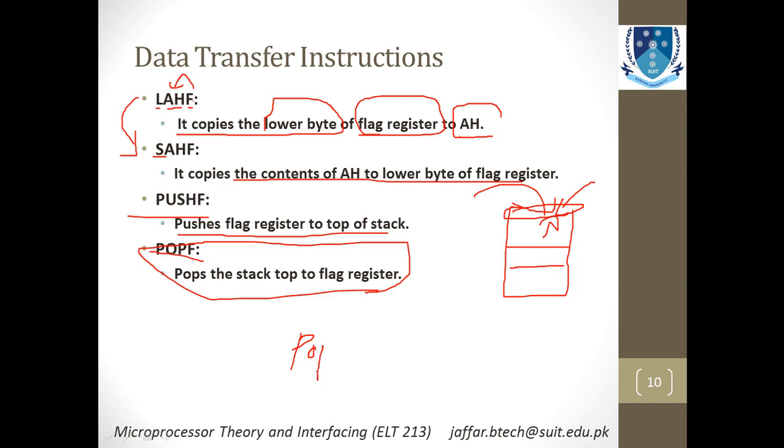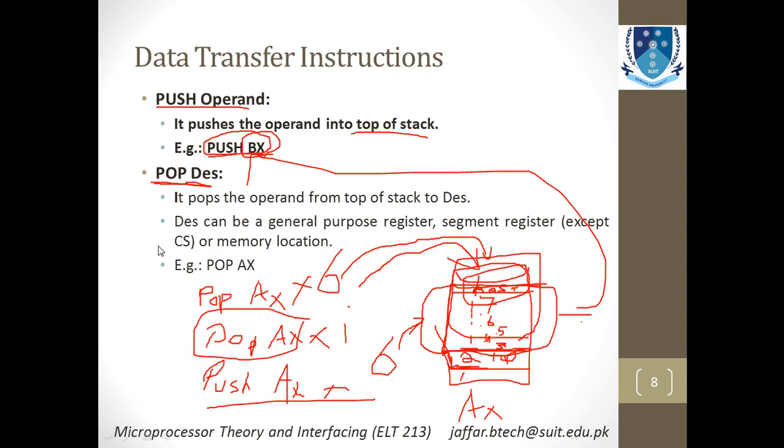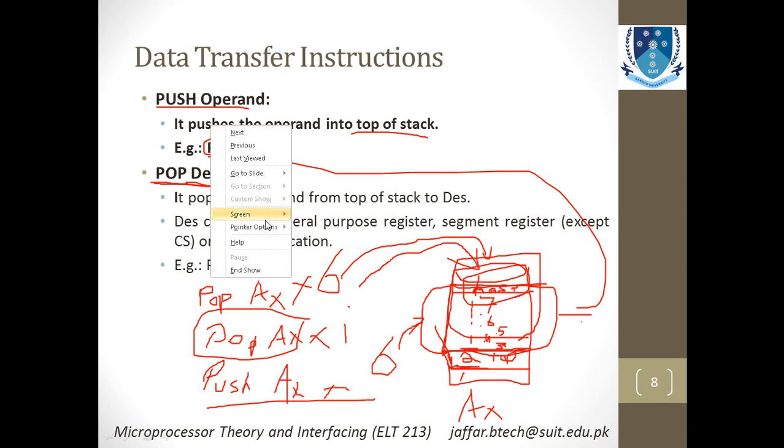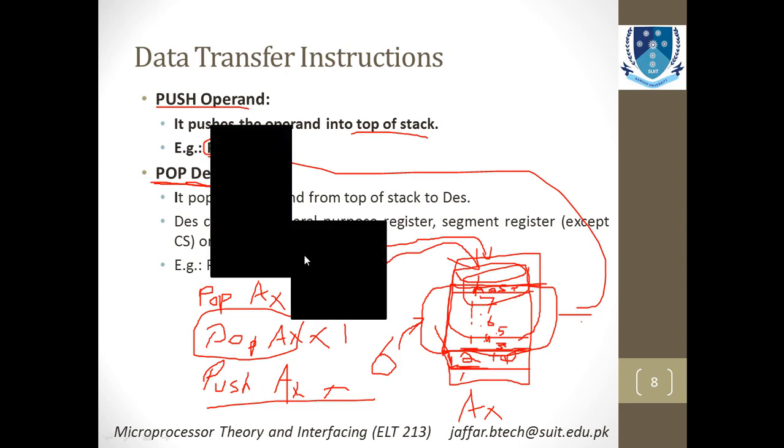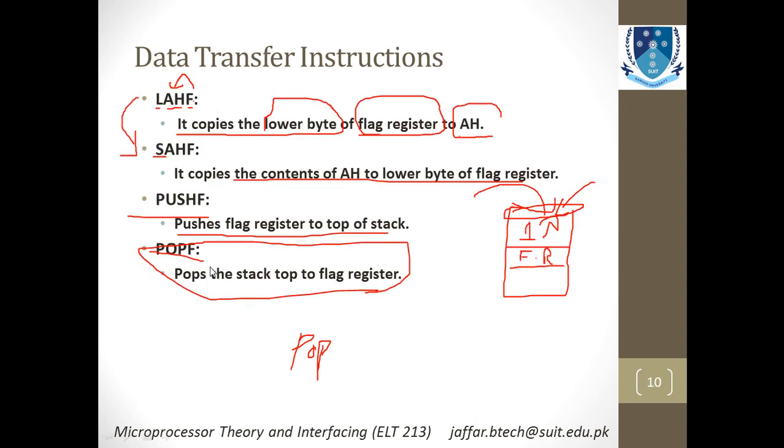So if there is another data on the top of this flag register, let's say this is your flag register, and another data is on the top of it, let's say this is the stack, this is data 1. You have to use this command first, pop AX, and it will remove data 1 from here. After that you can use POPF to take out the flag register.